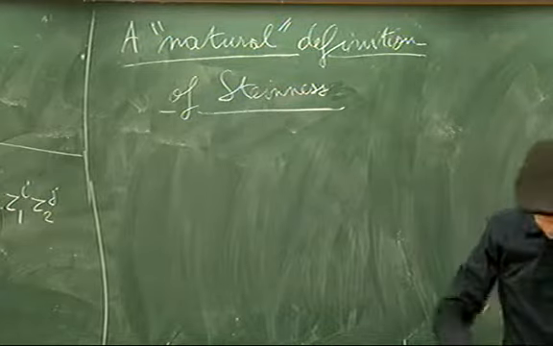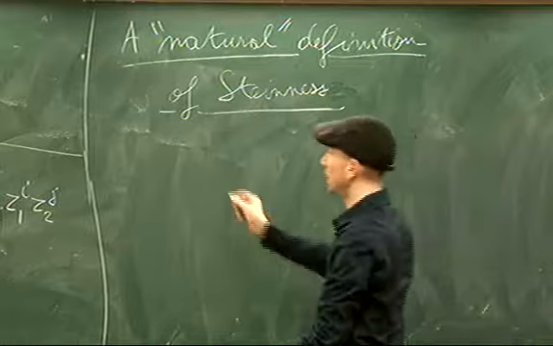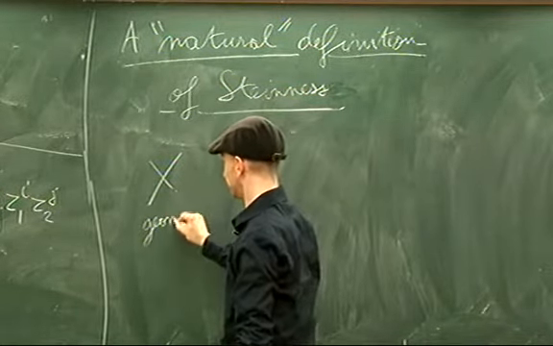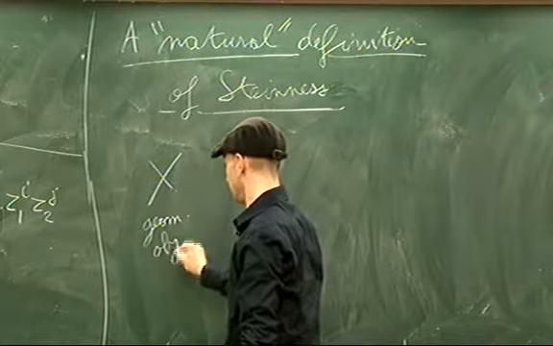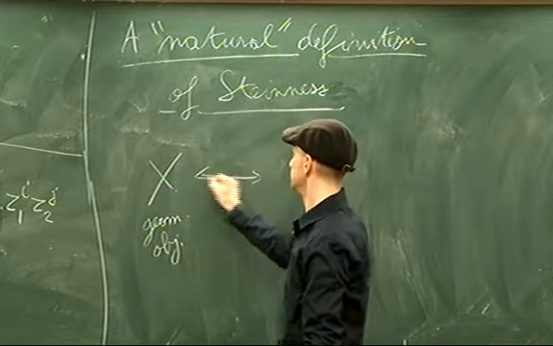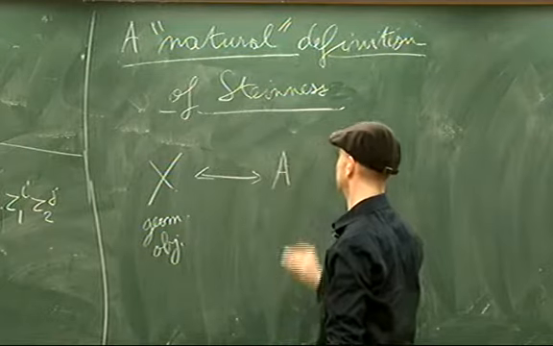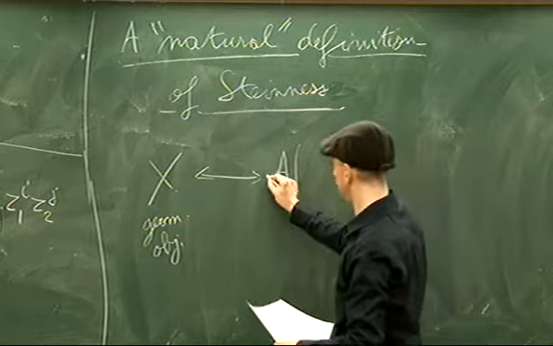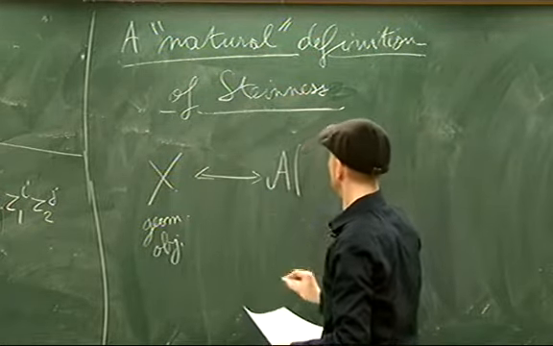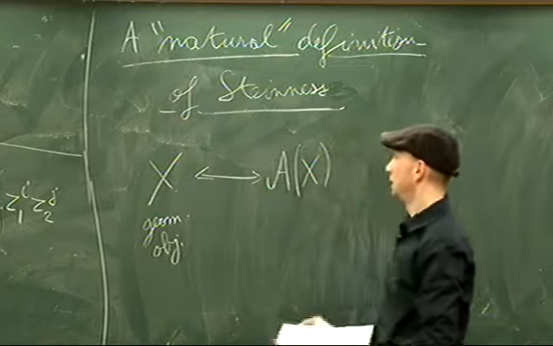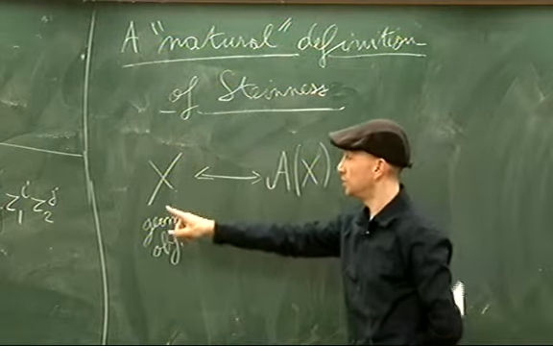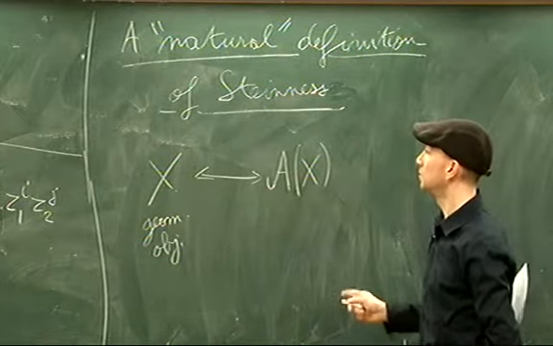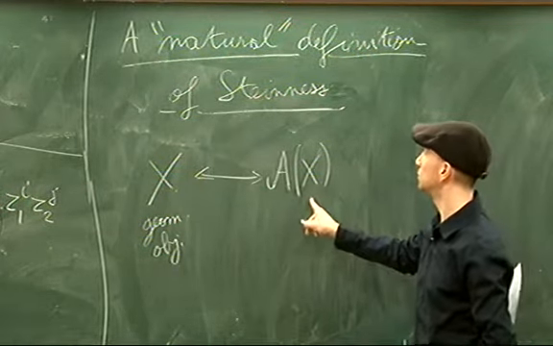So in many parts of geometry, when we have a geometric object, we consider an algebra of functions. Maybe I want to use a special letter, like a curly A. We like to associate to a geometric object an algebra of functions. Depending on the category we are in, the relevant algebra of functions will vary.